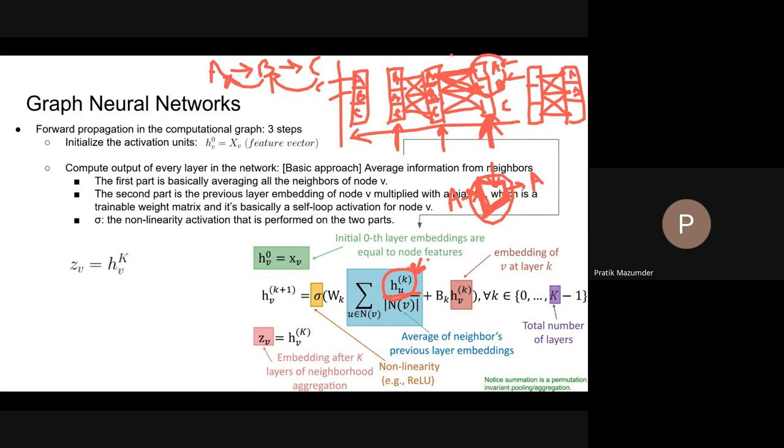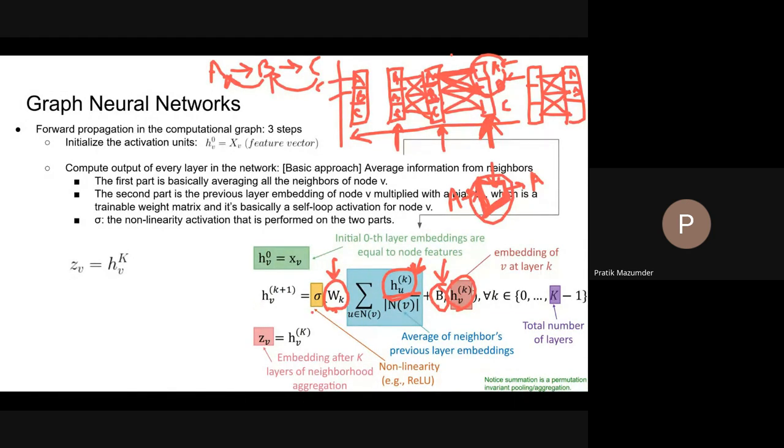So you're averaging the feature or embedding information from all your neighbors, multiplying with some learnable parameter, and adding it to a weighted version of your node's current value. Both W as well as B are learnable. W weights the average value of your neighbors, and B weights the current value of the given node.